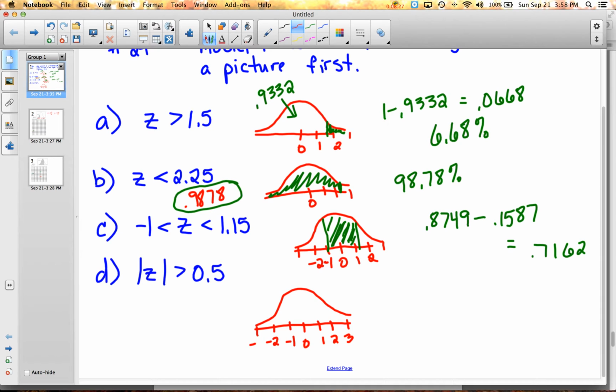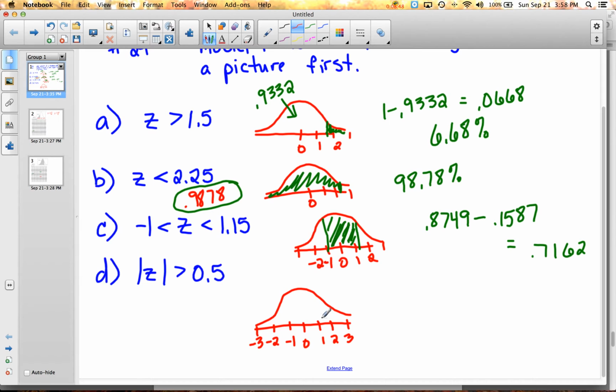And now I have to think about what this means. The absolute value of z is greater than 0.5. So remember, absolute value is our distance from 0. So my distance from 0 needs to be greater than 0.5. I need to be more than 0.5 away from 0.